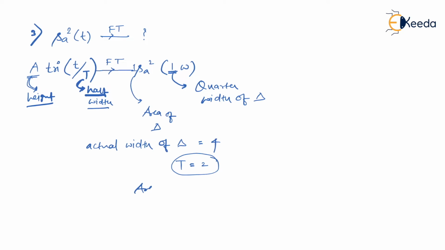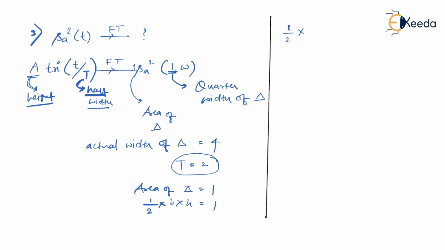We know that the area of the triangle is equal to 1, which is nothing but half into base into height. This should match equal to 1. In that case, I'll write half into, and when I say triangle base, it means I'm talking about the complete width. So the actual width of the triangle, see carefully, is 4.